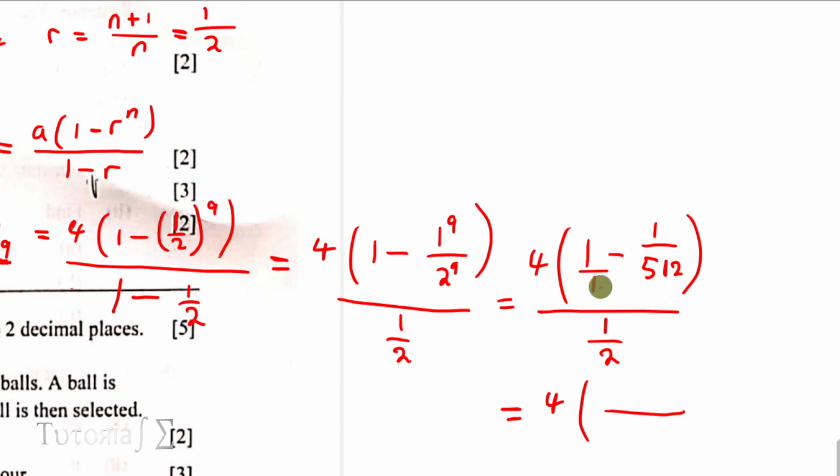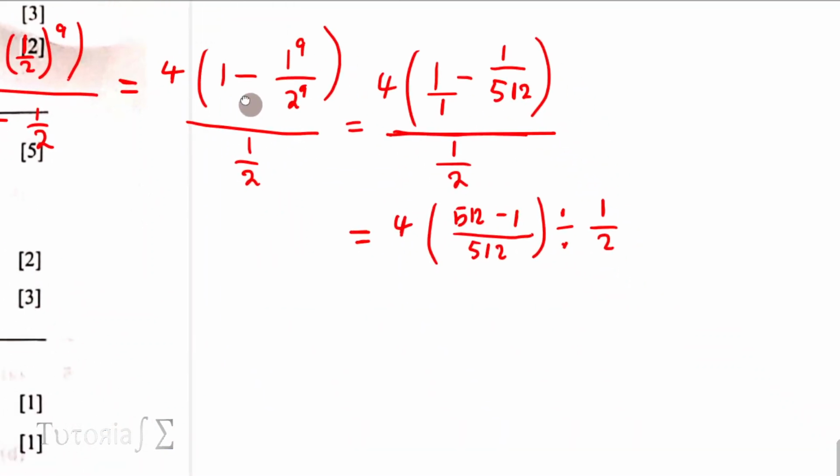So 1 into 512 is 512, and 512 times 1 gives us 512. Then 512 into 512 is 1, and 1 times 1 is negative 1, so there is a negative here. Then we divide by 1 over 2.